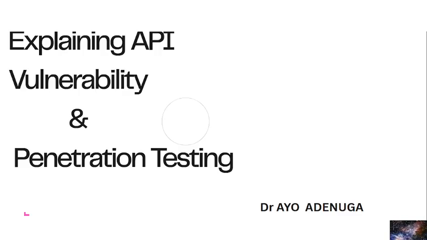in the continuation of this series, where we'll be going to the lab and doing the demonstration testing for API vulnerabilities. So you need the foundation so that you can understand what goes on in the lab when we start sending commands and we start receiving and analyzing the commands.